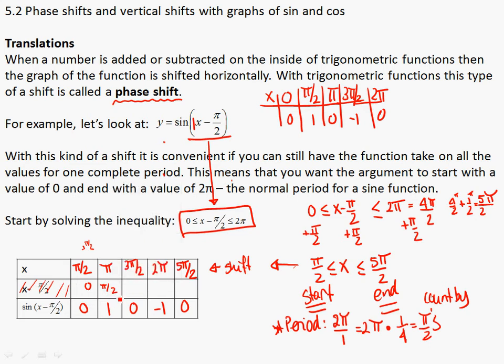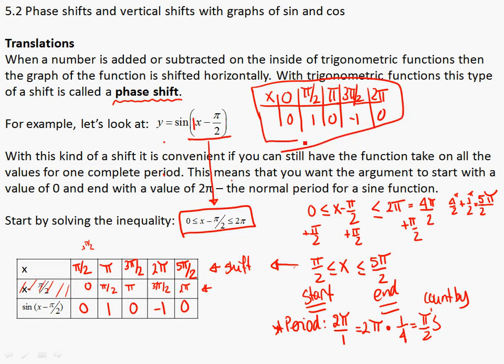Pi over 2, right? And then 3 pi over 2 minus 1 pi over 2 is 2 pi, which is pi. This ends up being 3 pi over 2, and this ends up being 2 pi. Do you guys notice that this is what we've been seeing so far? This is the line that I said that I wanted to have in my table.